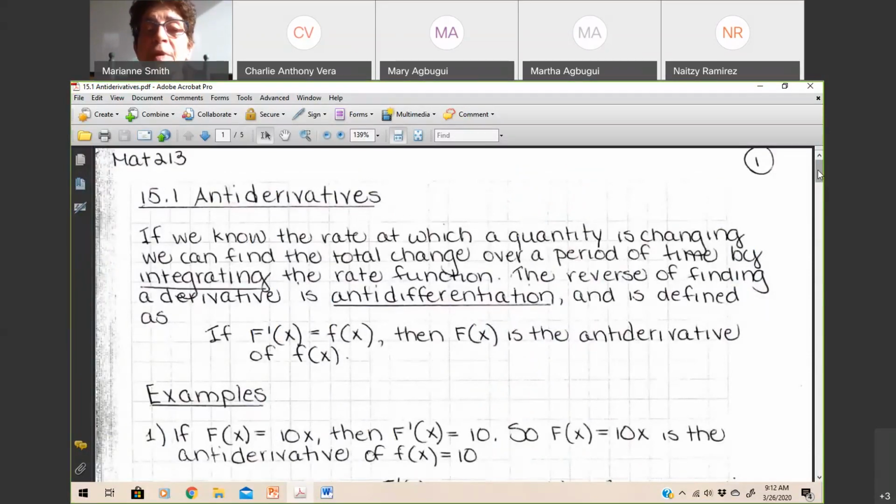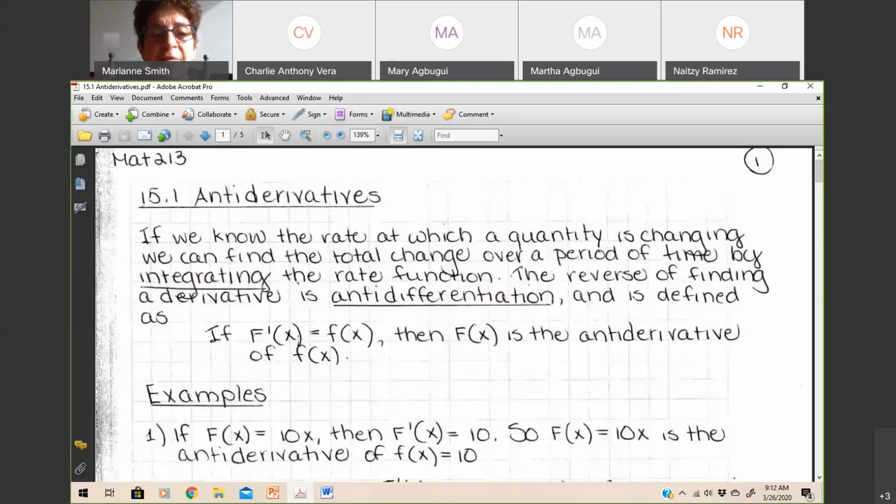That would require that we take the rate function and anti-differentiate it to get the total function back again. So our marginal function is a derivative, and if we want to get the original function back again, we have to anti-differentiate.